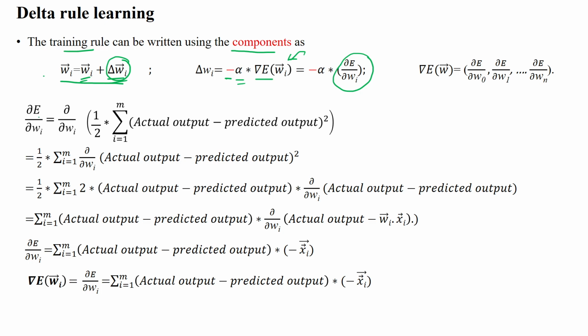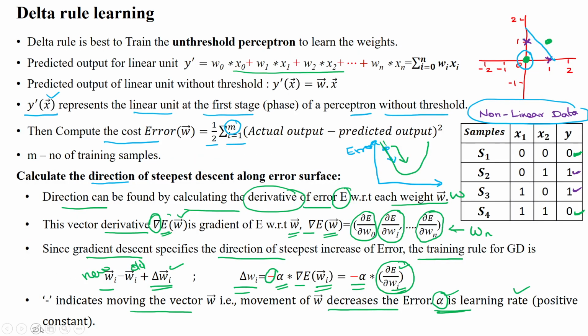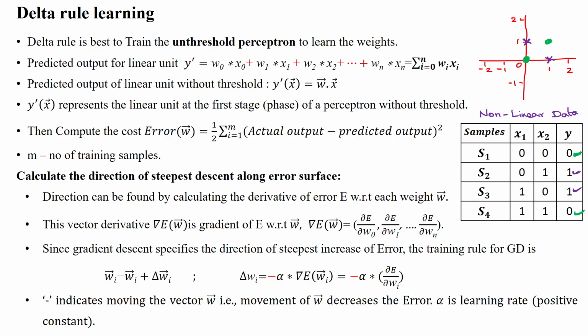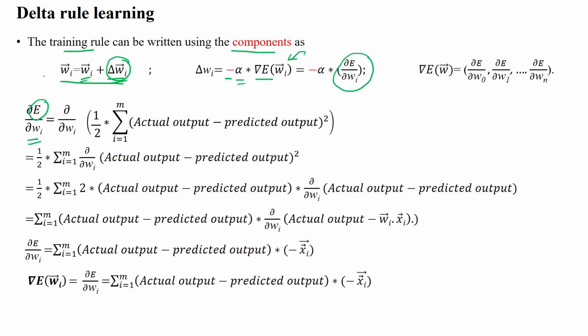So dou e divided by dou wi, here what is the error formula? The error formula, we have already used the least square error, which is going to be differentiated with respect to wi: 1 by 2 summation of i equal to 1 to m, actual output minus predicted output, whole square.